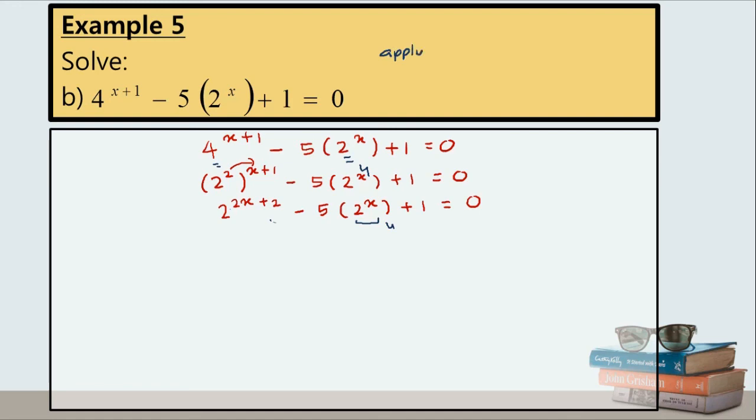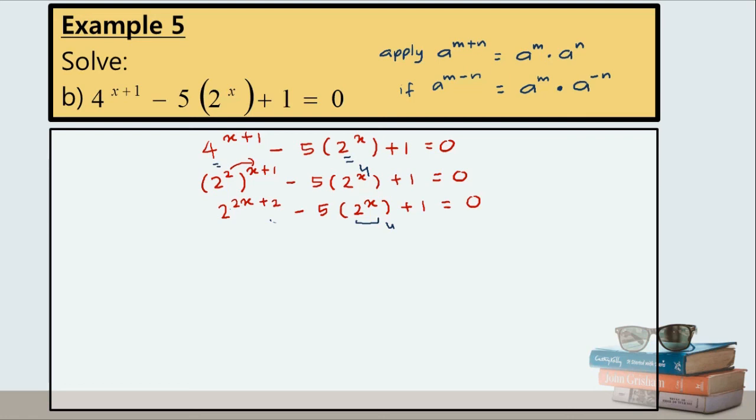apply the rule a to the power of m plus n, so a to the power of m times a to the power of n. Ini kalau tambah, kalau tolak dia akan jadi a to the power of m minus n. Okay, separate like this: a to the power of m times a to the power of negative n, ataupun divide.